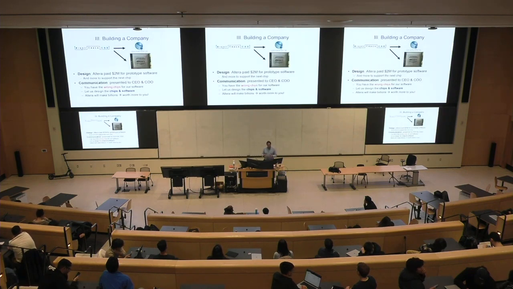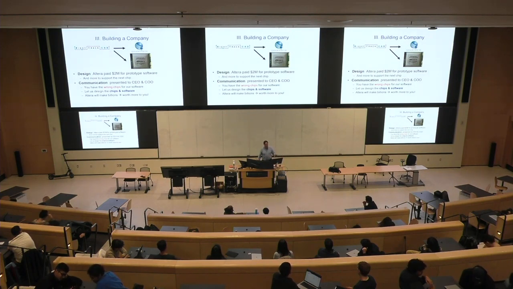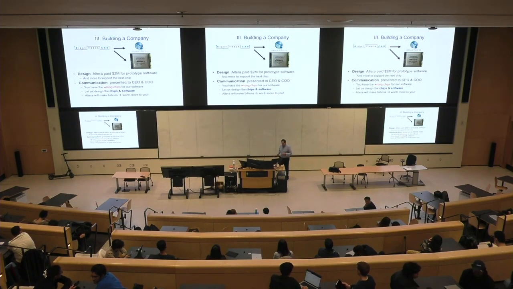That pitch was successful in that they believed it, but they decided there's no way we can have some external company designing both our chips and our software and selling the technology all over the place. That led them to make an acquisition bid, which was a good enough deal that we decided to take it, and it turned into Altera Toronto and then Intel Toronto.